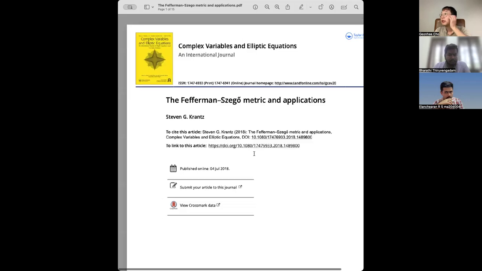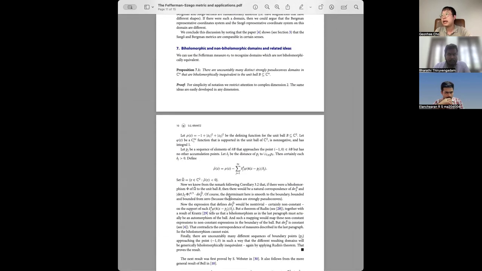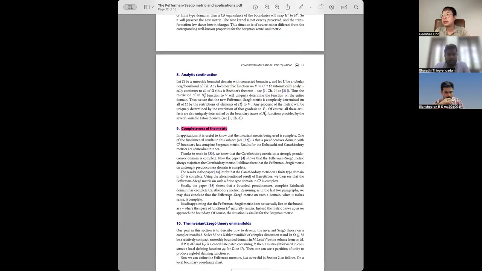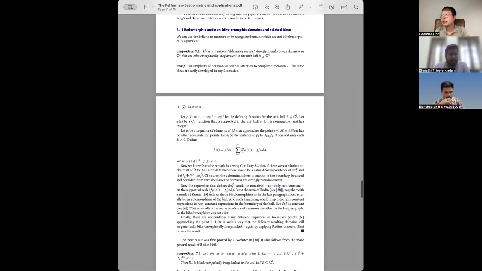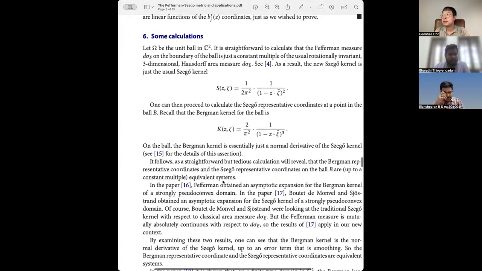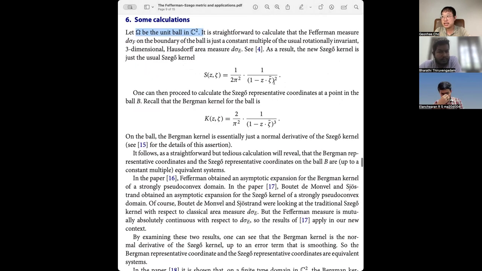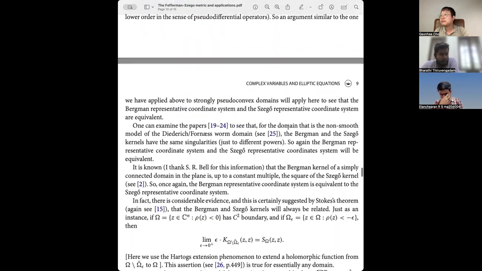For example, even in the paper by Stephen Krantz, people want to know what the primary difference of the Bergman and Szego kernels is. Let's look at the list of examples he talked about. Unipole: in this case, we assume we already know the Szego kernel for sure, otherwise it doesn't make sense.